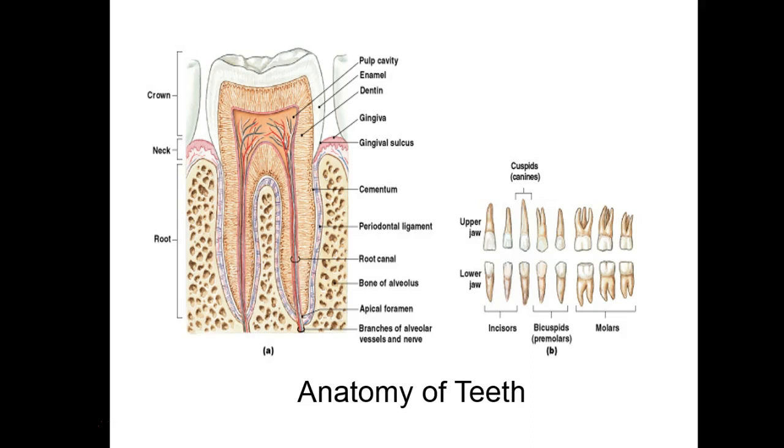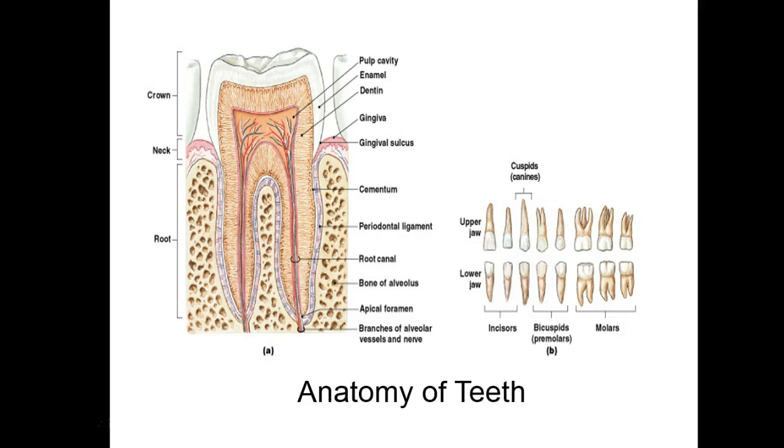But you have the parts of the tooth: the enamel, the outer portion of the tooth, that hard surface, and the dentin. The dentin is kind of bone-like. It's not bone, but it's a bone-like material in the tooth. The gingiva, that's the gums.